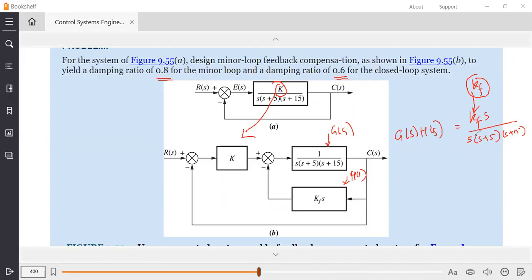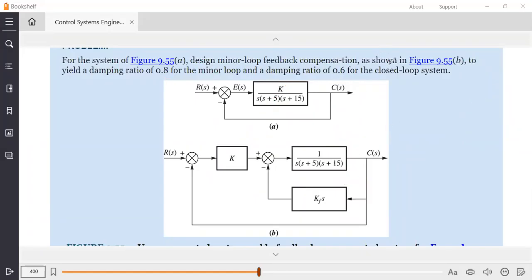So the gain is kf that we have to consider here. Also, whether you have noticed or not, we have a pole at origin and a zero at origin, so they are actually cancelling each other. This is one important phenomenon that you should look for.